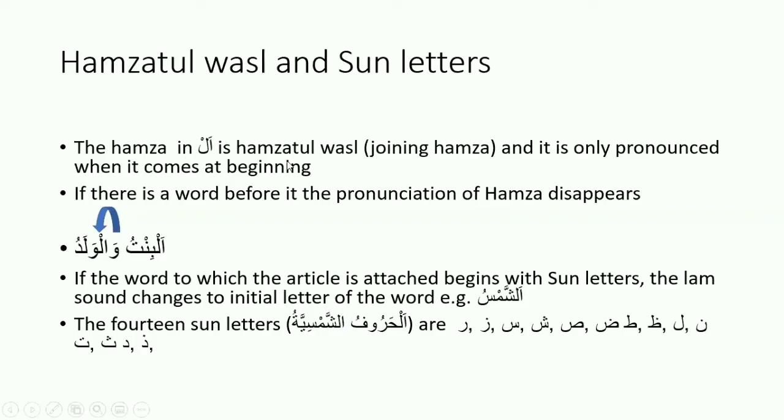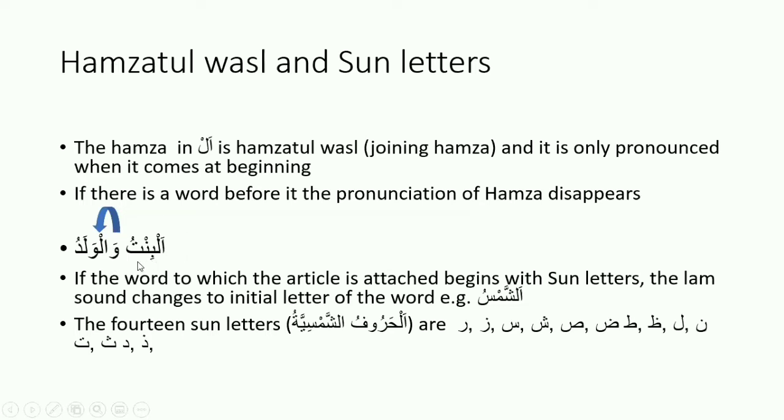The hamza in al is known as Hamzatul wasl, which means the joining hamza, and it is only pronounced when it comes at the beginning. If it comes after another word, the pronunciation of the hamza drops. For example, if you look at this and we read it from right to left, because Arabic is read from right to left, al-bintu, which means the girl, comes first.